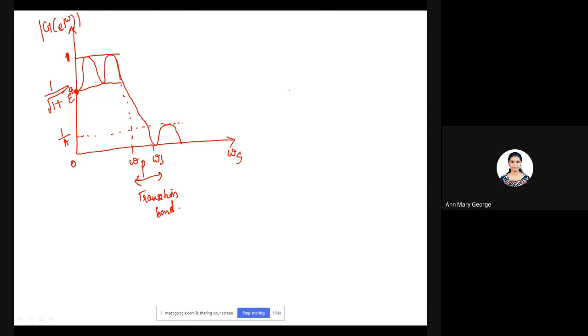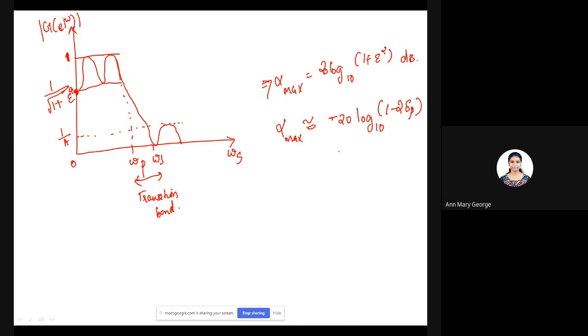From this we can write alpha maximum as 20 log 10 of (1 plus epsilon square) decibels, or approximately we can write it as minus 20 log 10 of (1 minus 2 del p) decibels. Please write these equations.